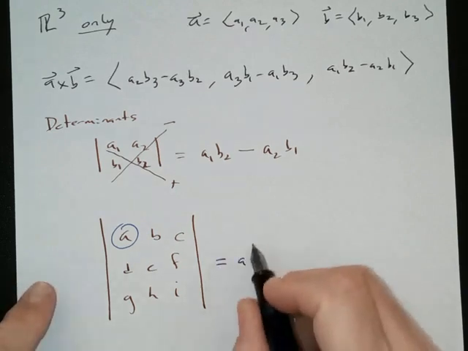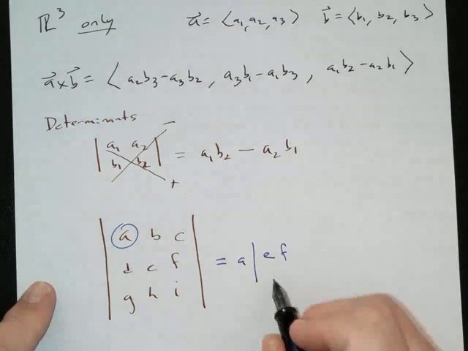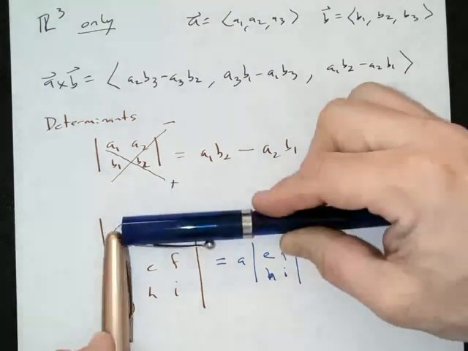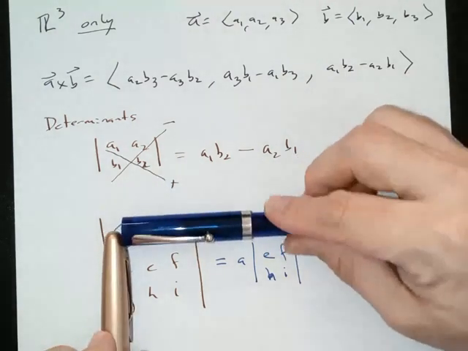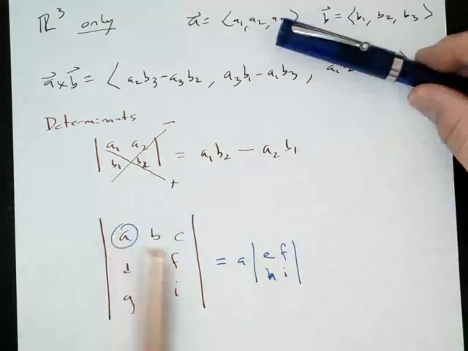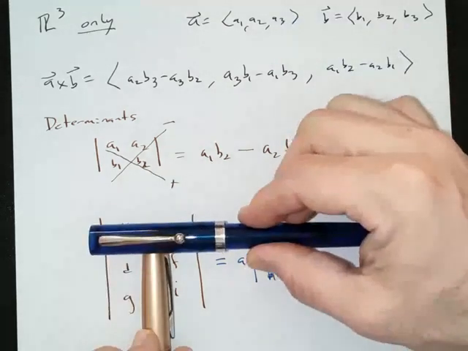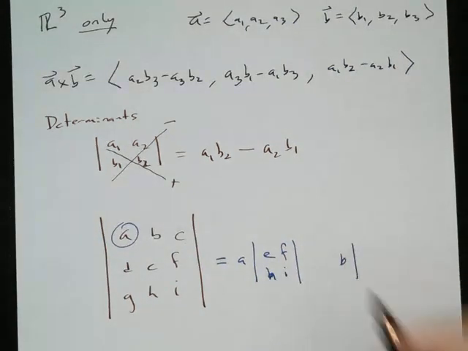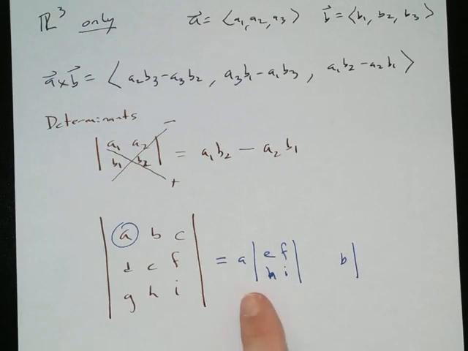So what I'm going to do is I'm going to take A times that little 2 by 2. Now I'm going to go across the top row. So you'll notice what I did is I got rid of that, and there's my little submatrix, the minor. Now I'm going to do that here with B. Well, this one is added.